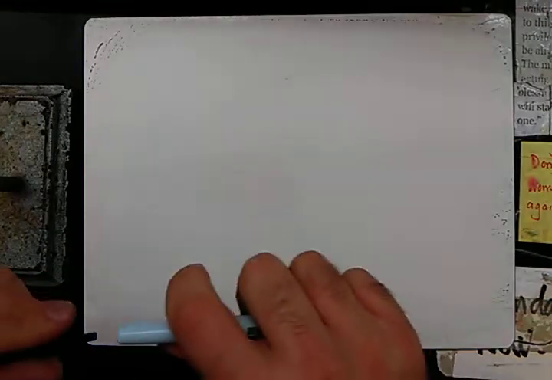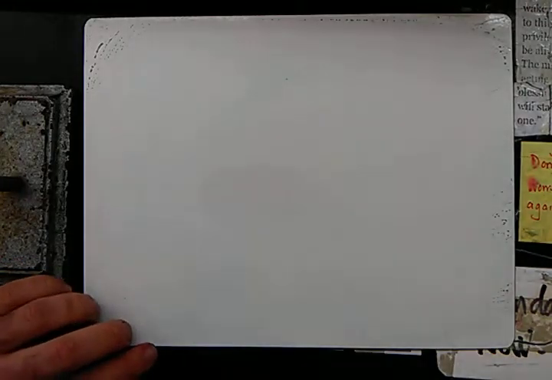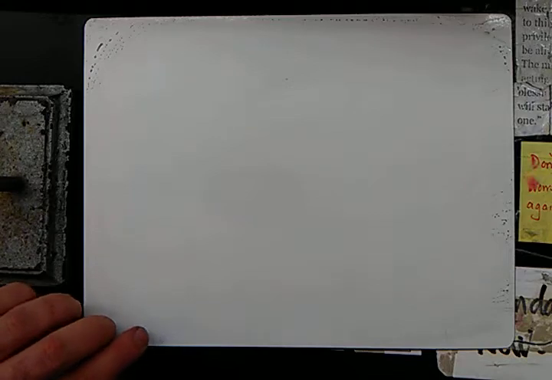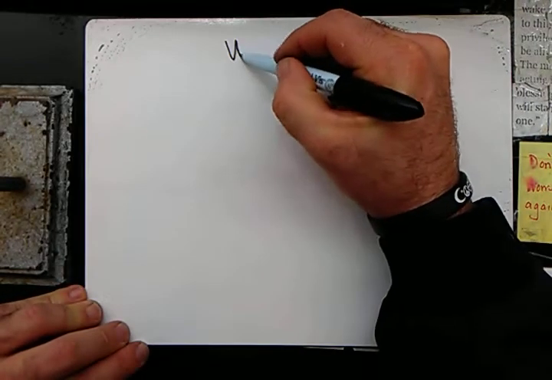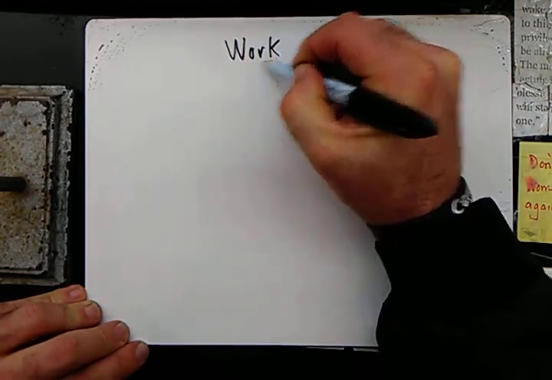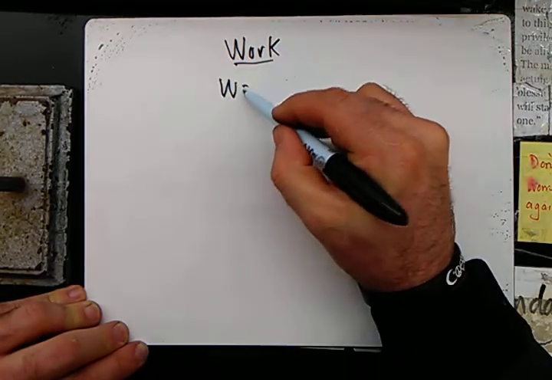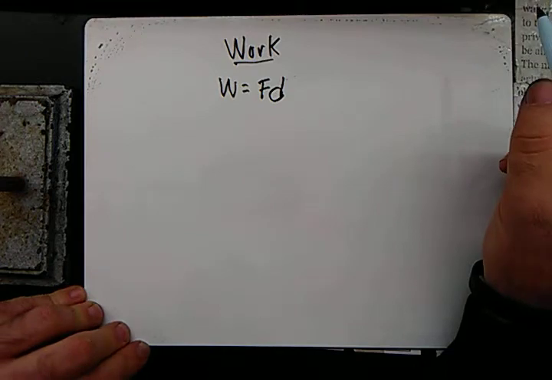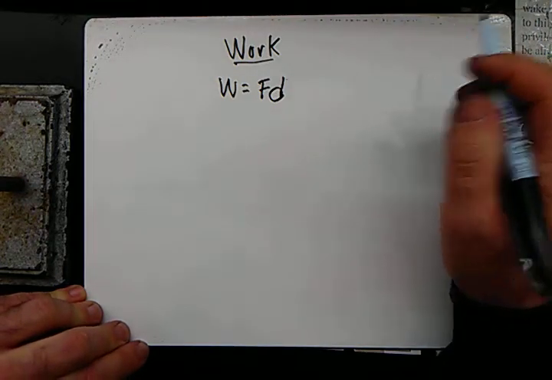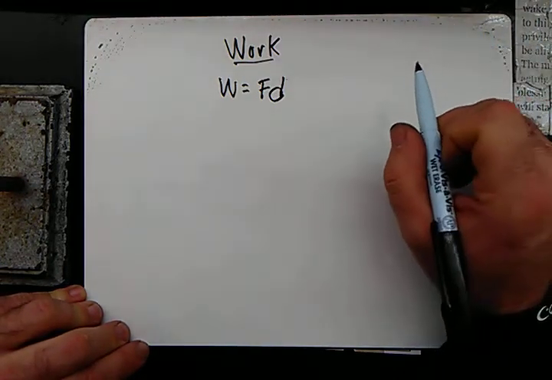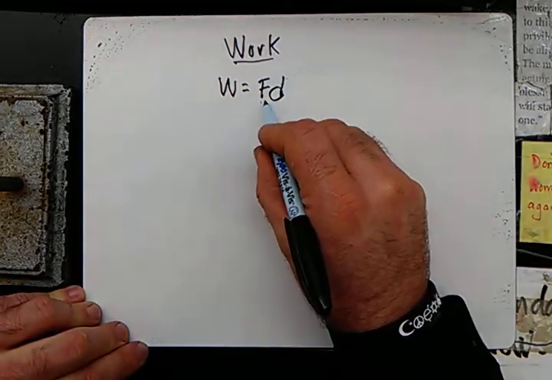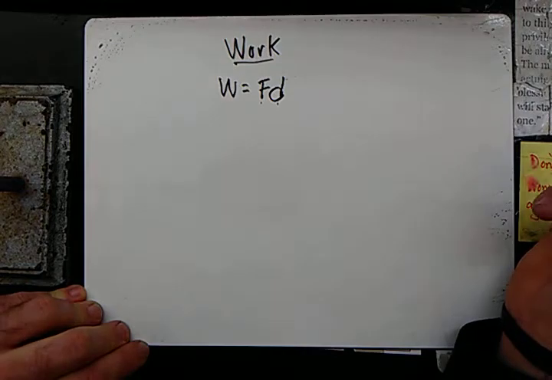So let's get into what work actually is, and we'll look at some units, and we'll talk a little bit about how we do a couple of calculations with work and energy. So here we go. So work equals the force times the distance. So this equation gives us the units of work. We already know that units of force are newtons, the units of distance are meters.